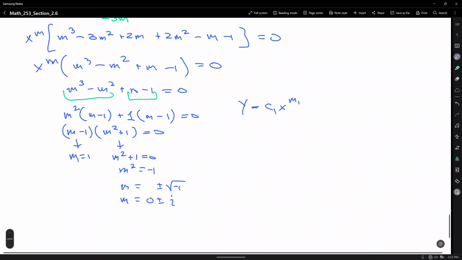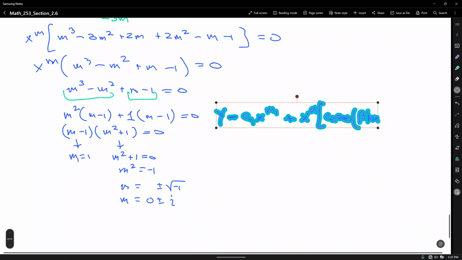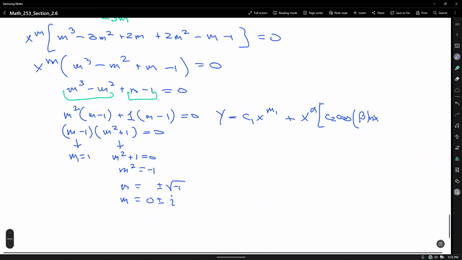Let me call this m sub 1. All right, plus x to the alpha because of the complex solutions, x to the alpha, c2 cosine beta ln x. Okay, let me make more space here. Plus c3 sine beta ln x.